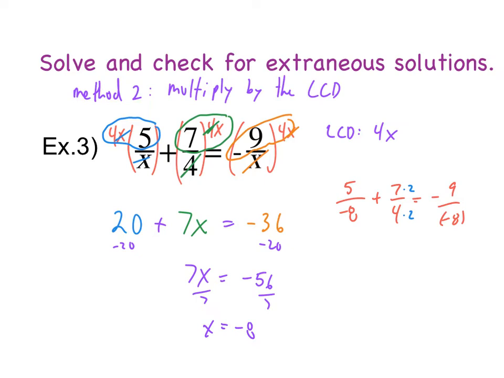That's going to give me negative 5 eighths plus 14 eighths, which is going to be, nope, positive 9 eighths. Negative 5 plus 14 is positive. And then on the right side, I just have these two negatives, and those are going to reduce out. So that would reduce down to positive 9 eighths as well. So negative 8 works when we plug it in.